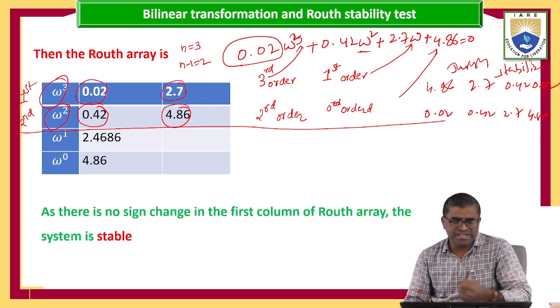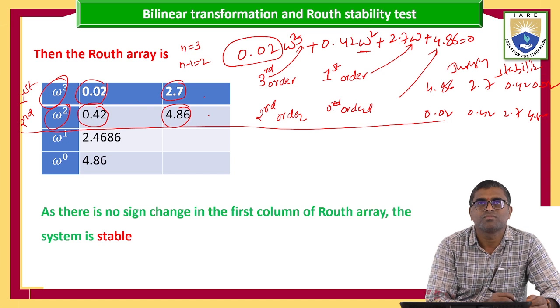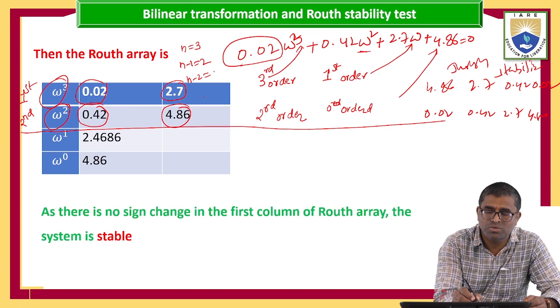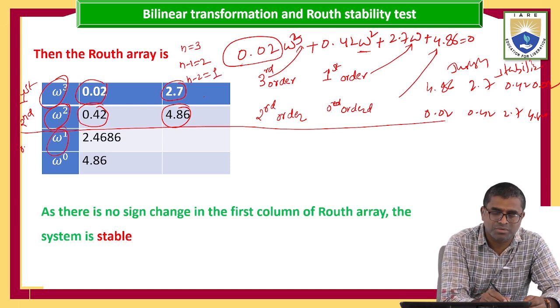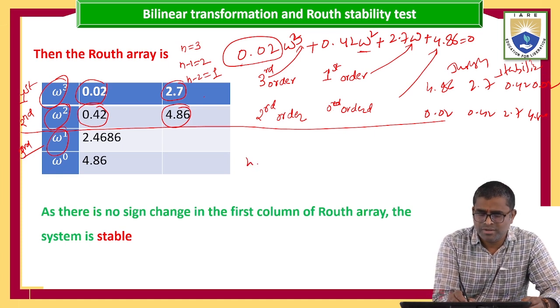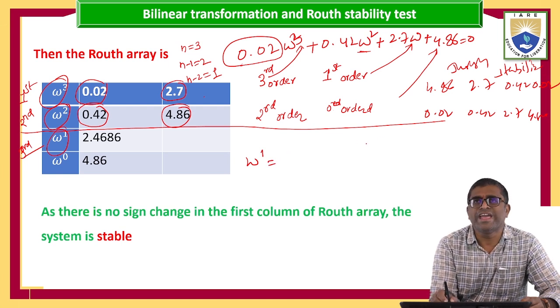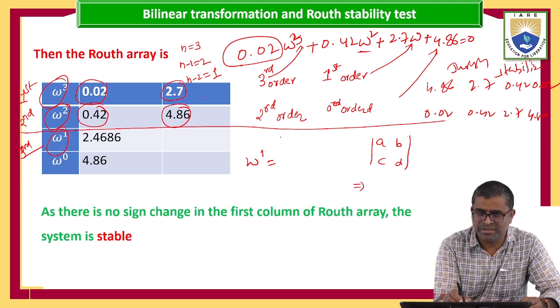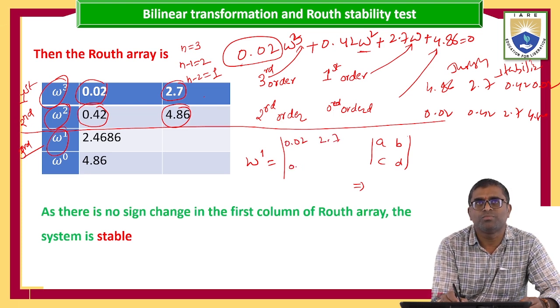Whereas in the case of the RH criteria, it is in this formation. Now, what is the next term? n minus 2, first order. That is the third row. How can you find this third row? W1 you have to find. Take a matrix, the ABCD matrix, and determine the ABCD values here: 0.02, 2.7, 0.42 and 4.86.